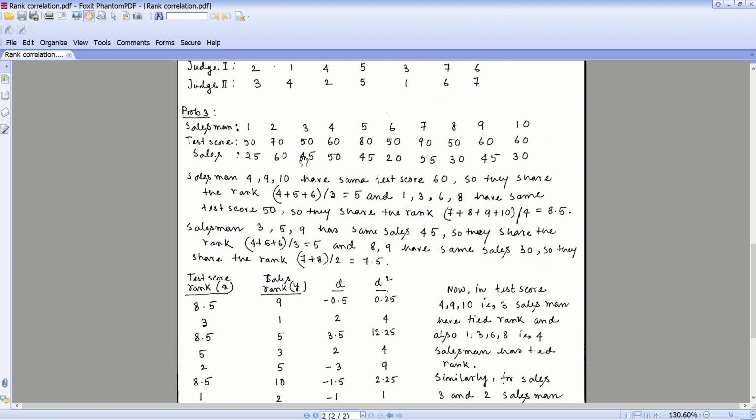They will share the rank: 4 plus 5 plus 6 divided by 3 is equal to 5. Why 4, 5, 6? Because 60 is first rank, 55 second rank, 50 third rank, after that 45. So 4, 5, 6. Like this way the ranks are calculated.